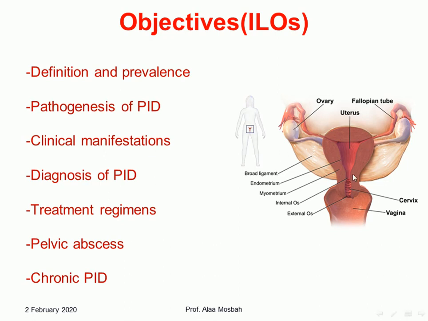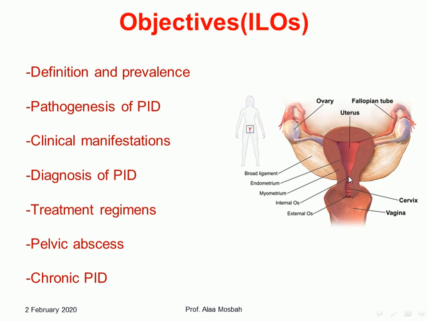As you see in this picture, this is the uterus, this is the cervix, this is the external os, and this is the internal os. These are the fallopian tubes on both sides, and these are the ovaries. PID, pelvic inflammatory disease, affects the upper genital tract and the ovaries. What is the landmark here, or the starting point?